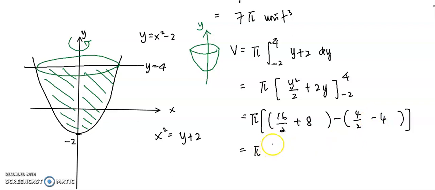Now calculate, it is simple, right? 16 over 2 is 8. 8 plus 8 is 16. Then 16 minus, this is 2, 2 minus 4 will be -2. Minus a negative -2, you get +2. So finally, you have 18 pi unit cube.